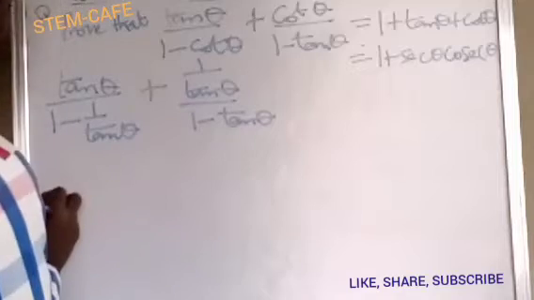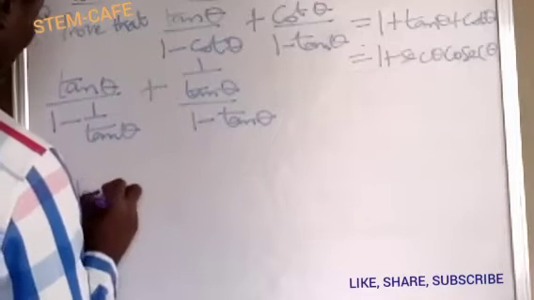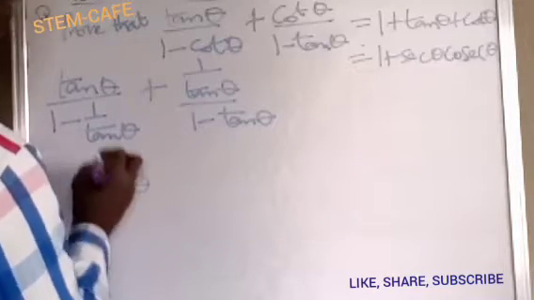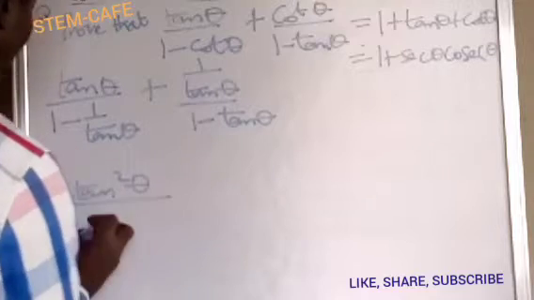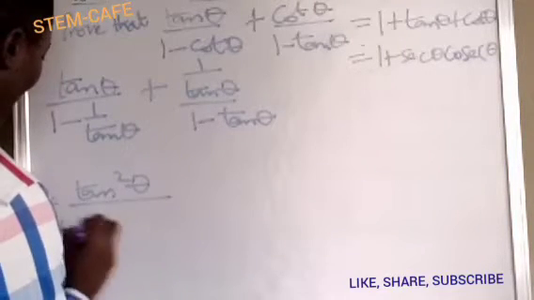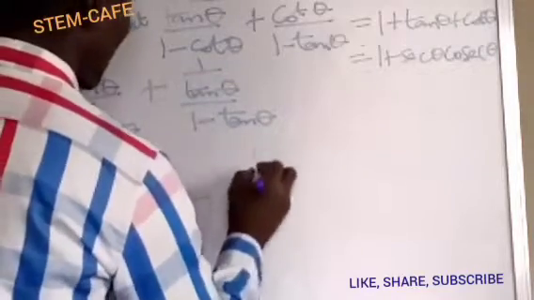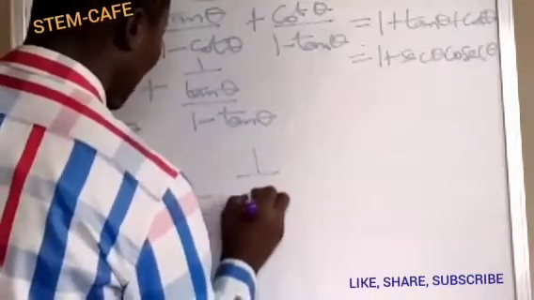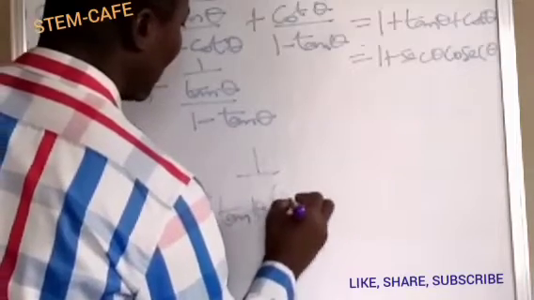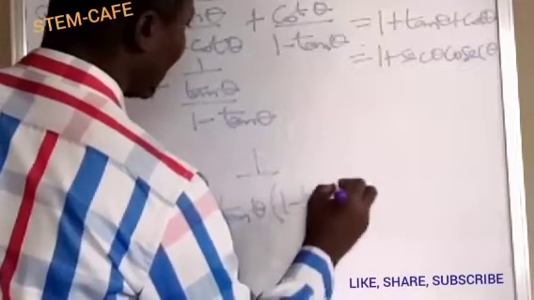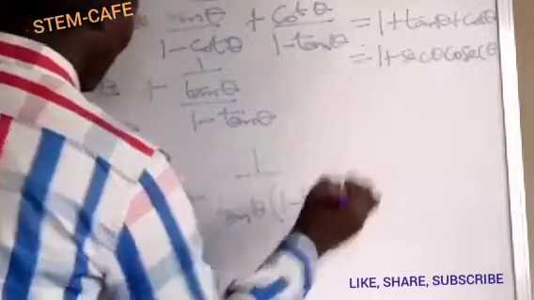So this is going to give us tan square theta over tan theta minus 1 plus 1 over tan theta into 1 minus tan theta.